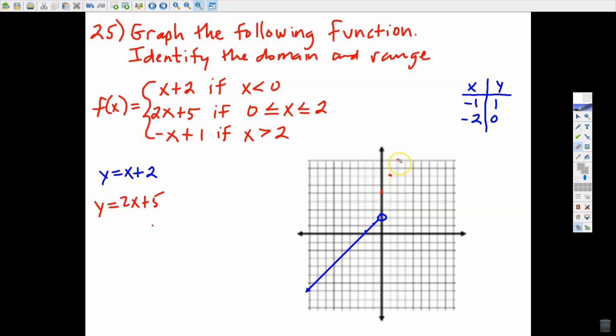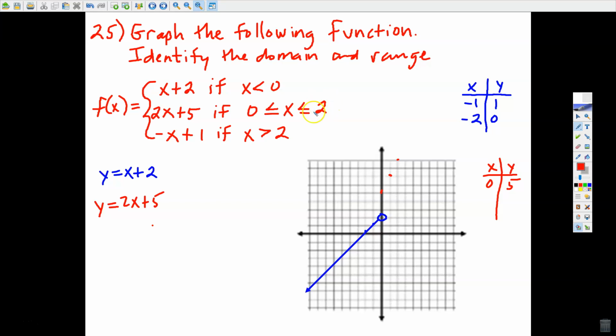Basically, all we're talking about is this little segment. Here is where x is 0 on the line. Here is where x is 2 on the line. Once again, maybe a table helps illustrate it. If I do x is 0, I get output 5. And that's what that point is right there, 0, 5.